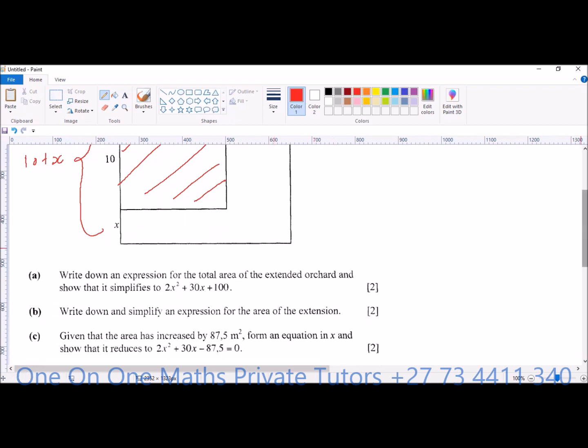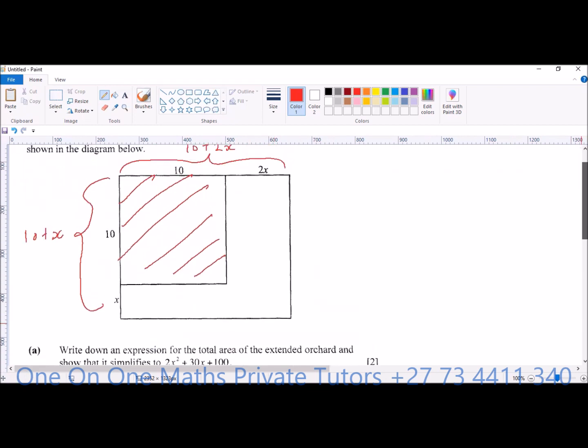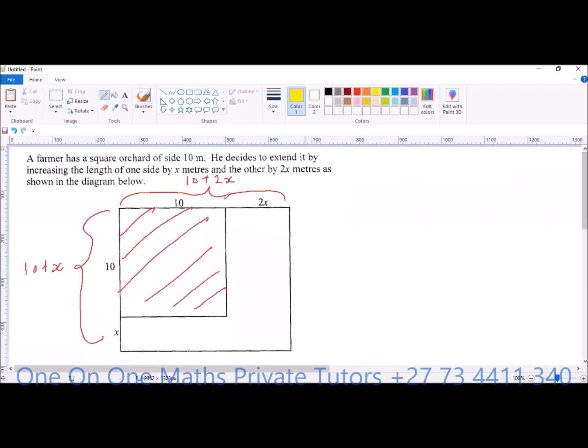Okay, total area of the extended orchard. So we are looking at the total area, which is all of this, the whole new orchard. Okay, so how do we do that? We know area is equal to length times width, or length times breadth.